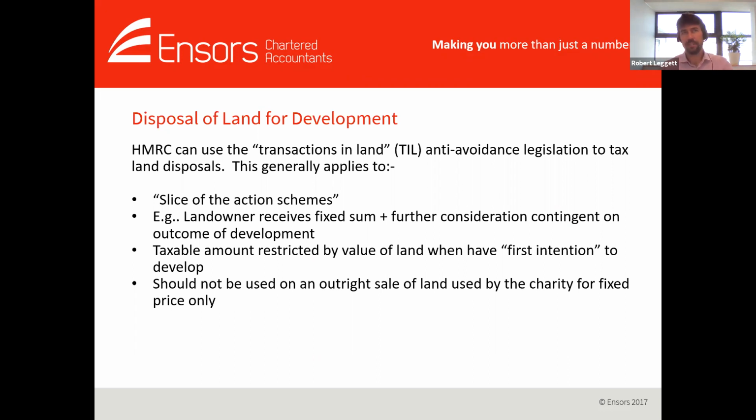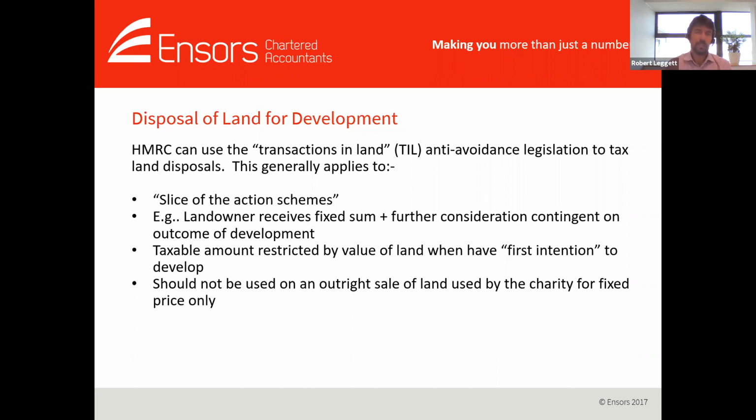And really that's trying to get at a situation where either the land was acquired with the intention of selling it for a profit. You can see that sometimes, but it's less likely in a charity, because generally you would have acquired the land either to use in the charity, in the furtherance of your charitable objects, or you've acquired it for long-term investment opportunities.